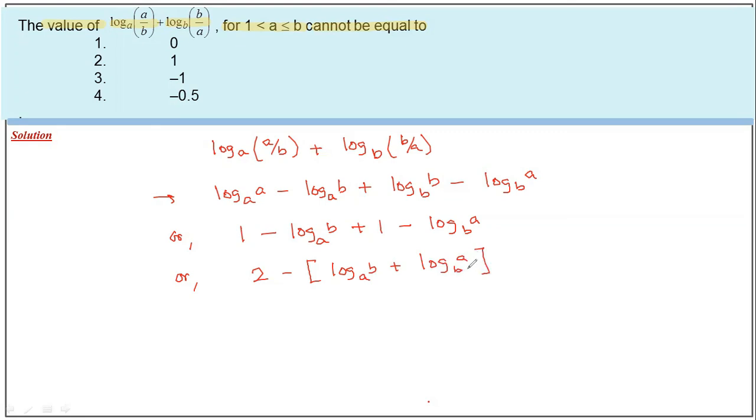Now a and b are all greater than 1 and a is less than or equal to b. So next you can write it like this: 2 minus log b to the base a plus 1 by log b to the base a.